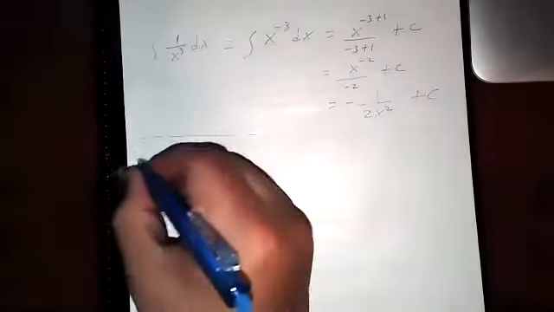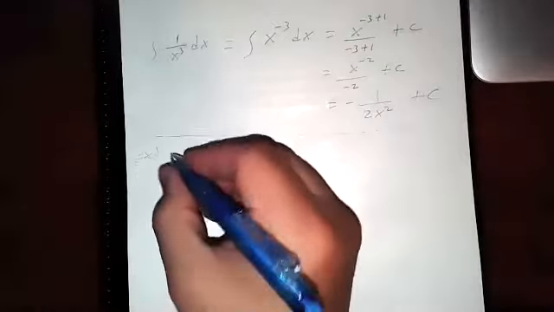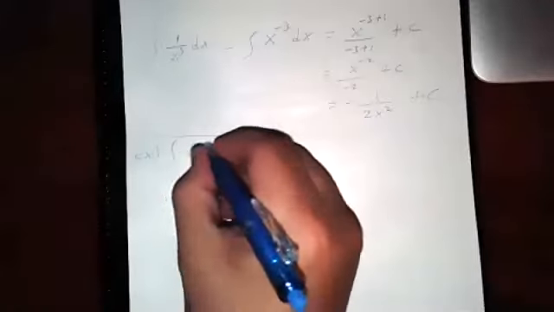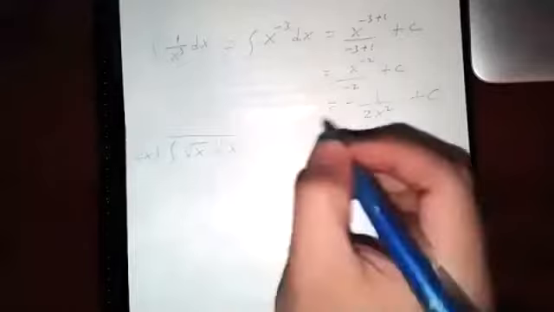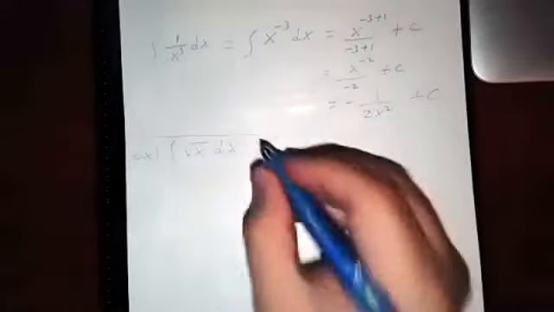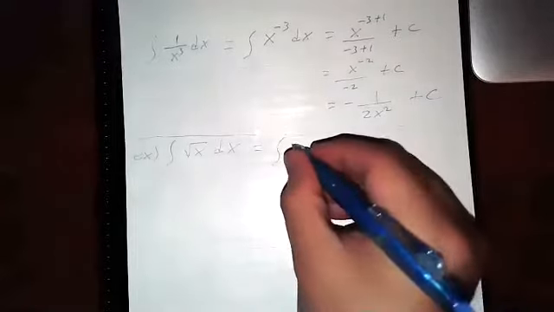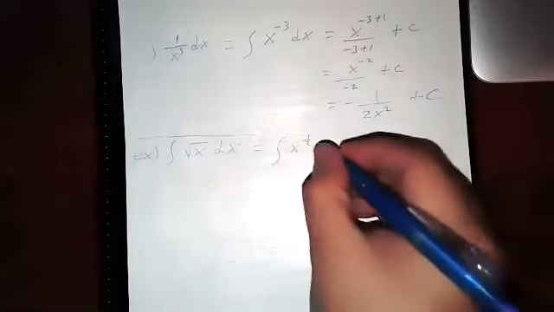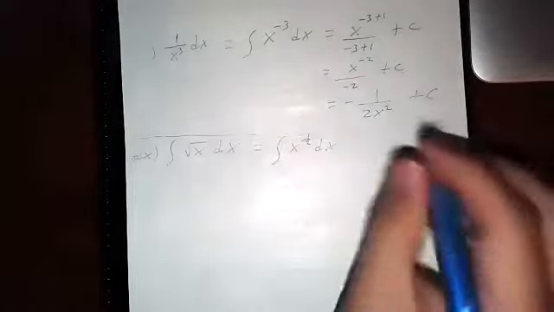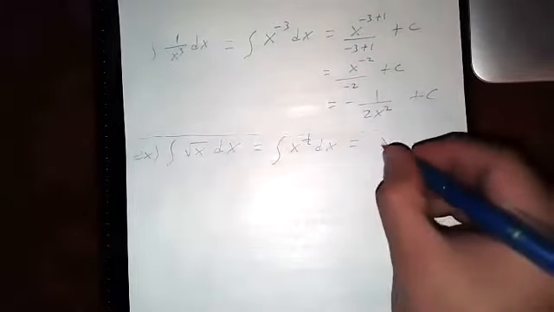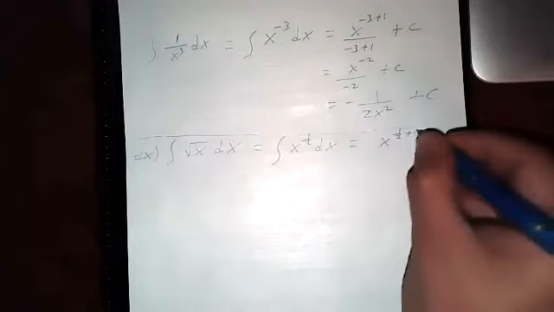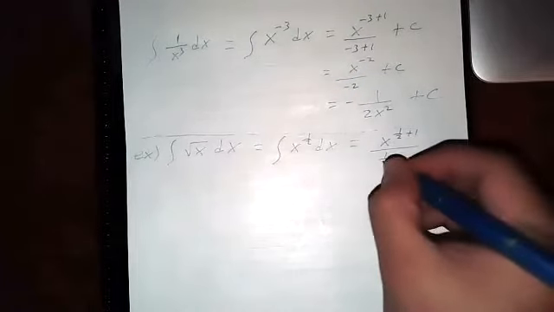Let's do another one where you're going to have to set it up. Integral of square root of x dx. So how can I rewrite that square root? x to the 1/2. Yeah, so rewrite it as x to the 1/2 and then do your rule, right? So that would be x to the 1/2 plus 1 over 1/2 plus 1.